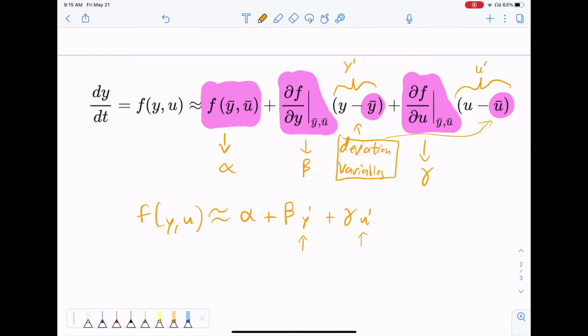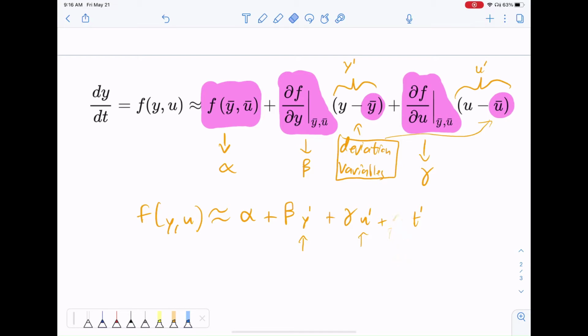If we had another one, let's say t, we would have another Greek variable, let's say sigma, times t prime. And sigma would be the derivative of f with respect to t. Just to give an idea of how that works.